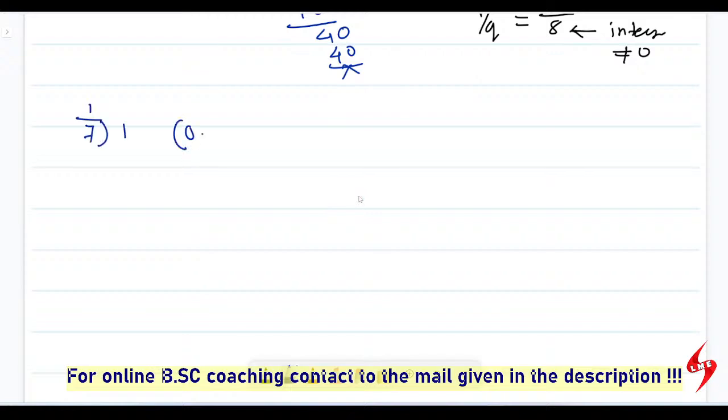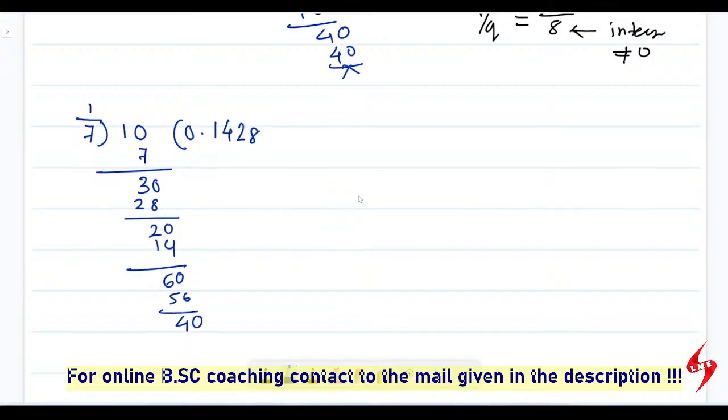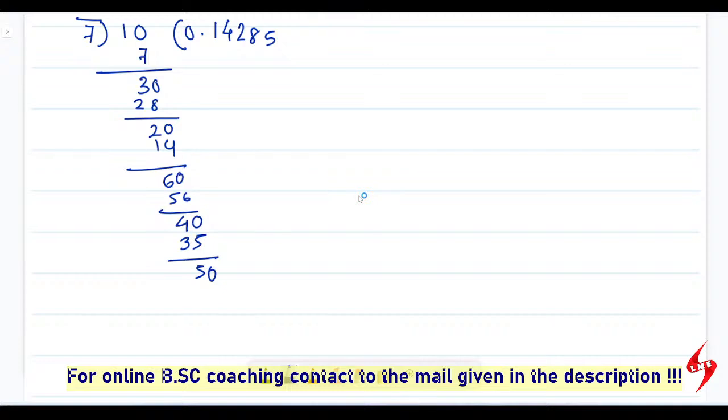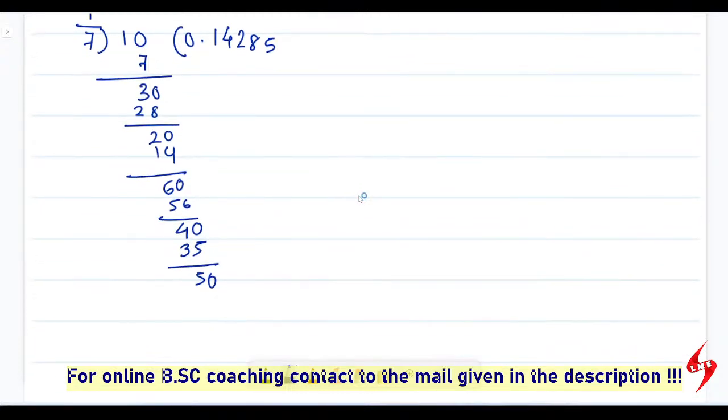I have to put a point and 0: 10, 1 7 is 7, 3; 30, 4 7s are 28, remainder 2; 20, 2 7s are 14, 6; 60, 8 7s are 56, 4; 40, 5 7s are 35, 5; 50, 7 7s are 49, 1 and 0.